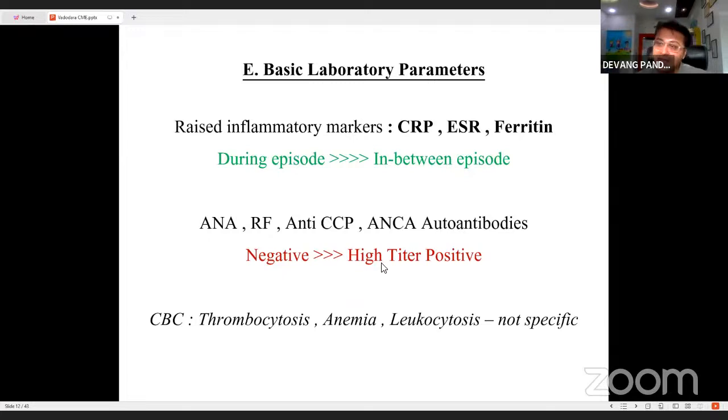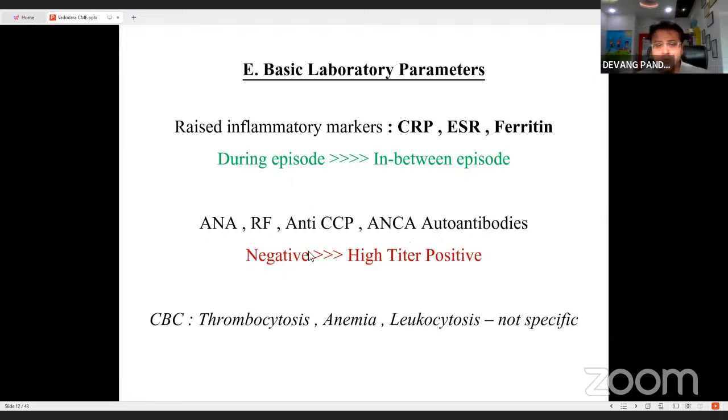But again, there is an overlap between autoinflammation and autoimmunity. So if the child presents late, or if there is a late diagnosis, in many of the autoinflammatory diseases you'll find high-titer positive multiple antibodies, that this child will have ANA positive, RF positive, anti-CCP, and ANCA, which we will see in subsequent slides.